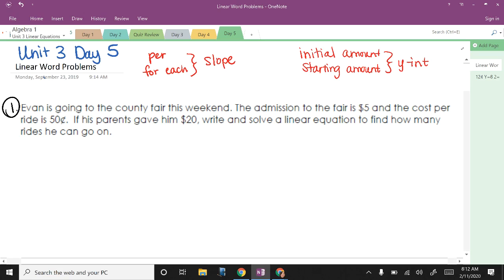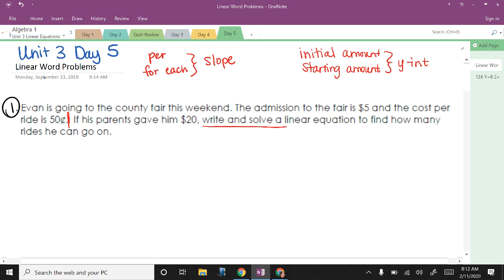Okay, so here is number one. Evan is going to the county fair this weekend. The admission to the fair is $5, and the cost per ride is 50 cents. Stop right there. We have enough to write the equation of the line right there, because it says write and solve a linear equation.